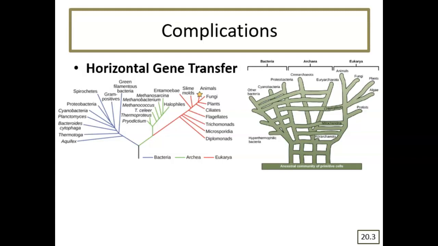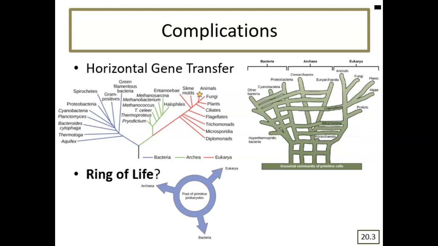In fact, some people think that if we look at those earliest life forms, maybe instead of having a single ancestor that diverged and diverged, there was a kind of pool of prokaryotic organisms that were constantly passing genes to each other.